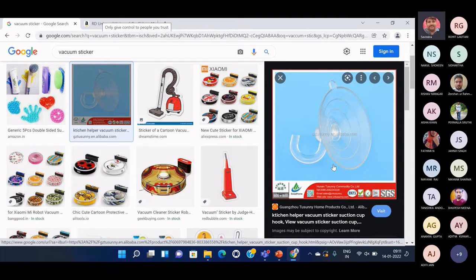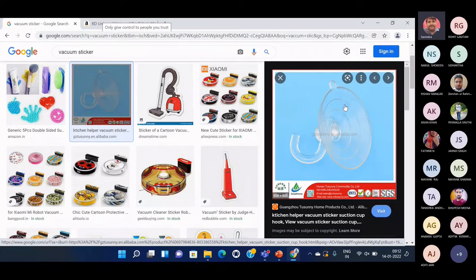Okay. This is actually resembling the hold fast. And what is the function of this vacuum sticker? For attachment. For attachment, and in the same way, the hold fast attaches itself to the substratum.